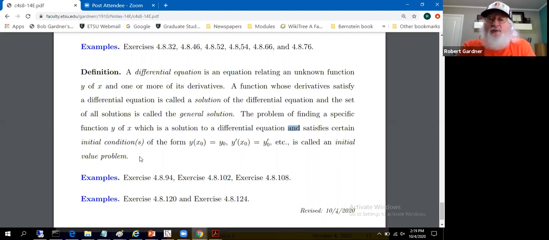All right, now differential equations can involve derivatives. It says one or more of its derivatives. Could involve second derivatives, could involve third derivatives, and so forth. So these could involve higher order derivatives. When they do, you're going to need more initial values. In Calculus 1, it's almost exclusively first order derivatives.